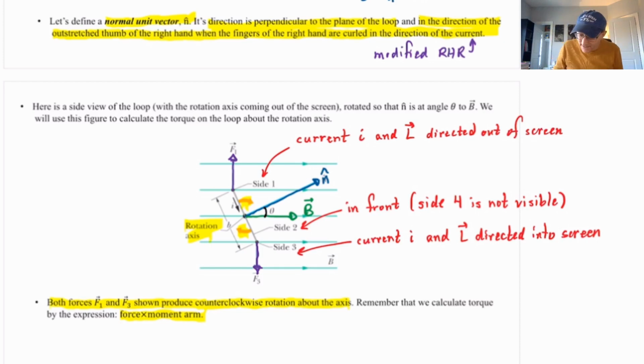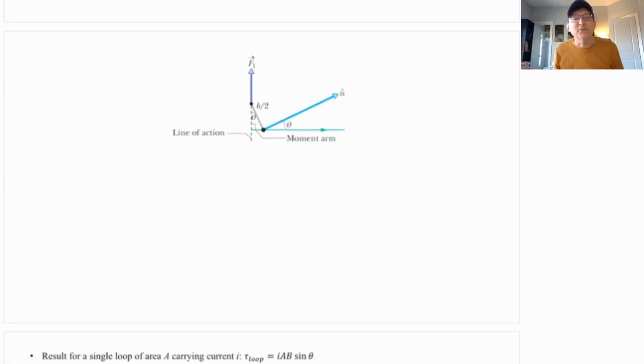Let's apply that idea. Let's focus specifically on the torque resulting from the force F1 on side 1. So here's a reduced image. We're just honing in on the key parts.